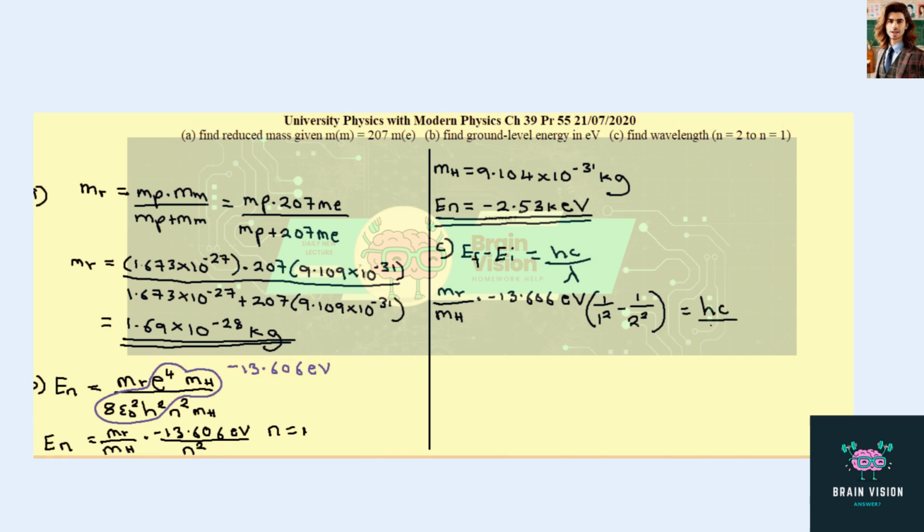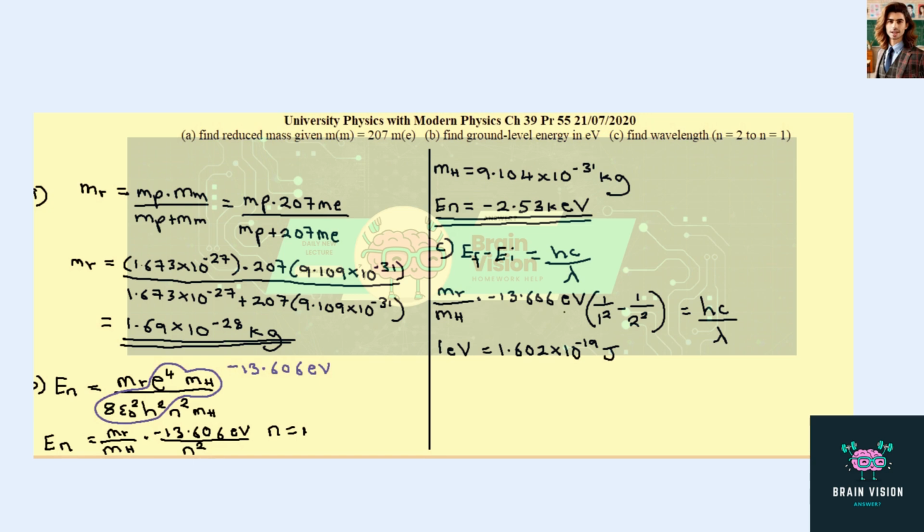Equals hc over lambda. Because we need our answer in meters, it is imperative for us to convert this energy from electron volts to standard form in joules. And you'll recall that 1 electron volt is equivalent to this in joules. And so we have our m sub r and our m sub h.